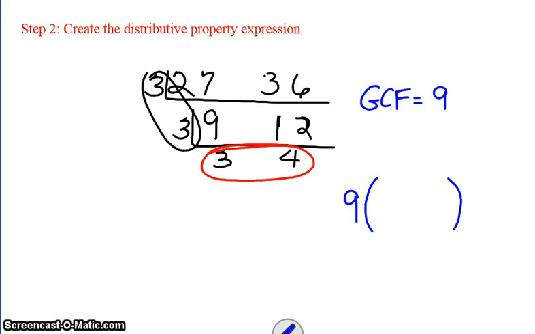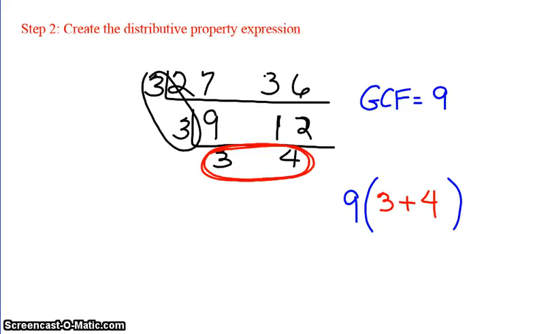The remaining part of our problem is the 3 and the 4 circled here in red. Those are the remaining factors from 27 and 36. We're going to use those inside the parentheses. Since the original problem was 27 plus 36, we are going to write 3 plus 4 inside the parentheses.